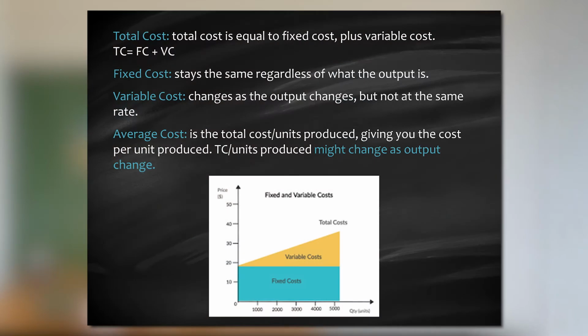And that gives you your average cost, or as it can be called, the cost per unit. So in that case, if you have the total cost and you also know the units that you have produced, you can easily calculate the average cost of a business.